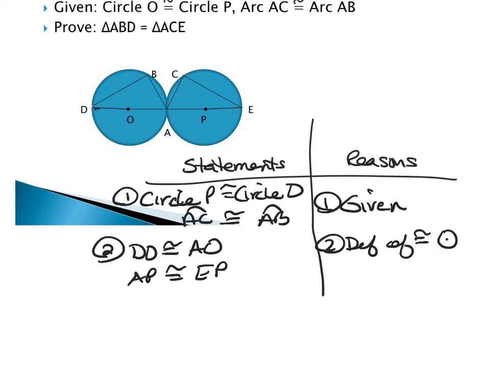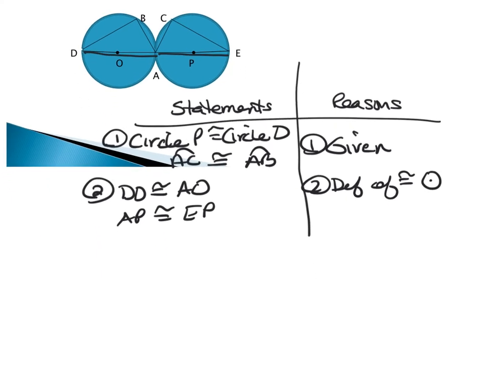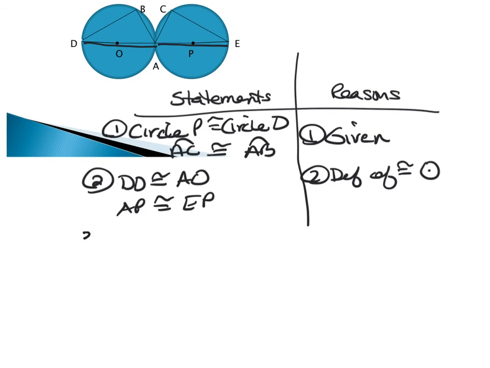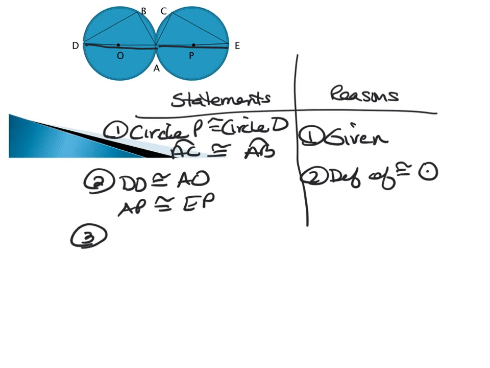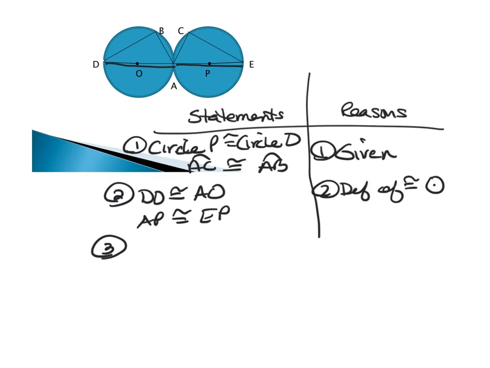So that's going to make this leg, or this piece, congruent to this. Next, I'm going to bring in my arc measure that I already know is congruent. So I know that this arc is congruent to this arc.